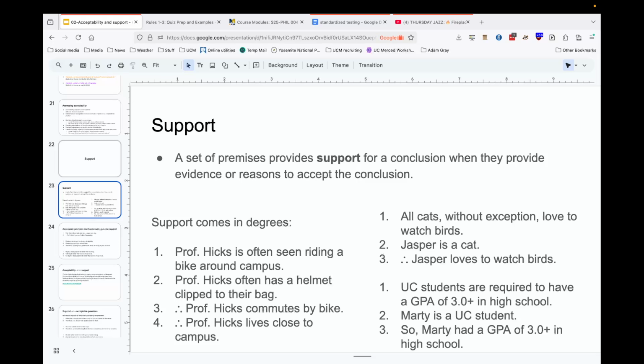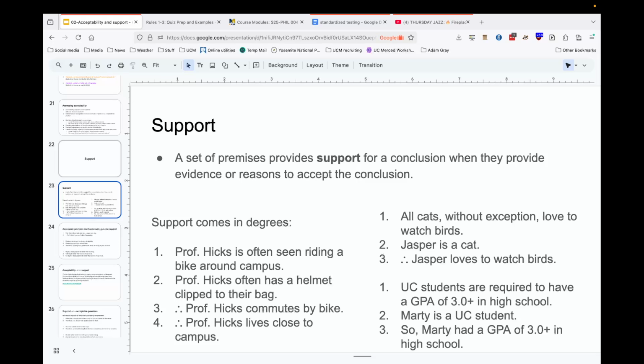But in a lot of other arguments that haven't been specially prepared for use in this class, it can be very difficult to tell whether or not a set of premises provides support. And there aren't a general set of tools that you can bring to absolutely any argument to assess support. You need different kinds of tools for different kinds of arguments.